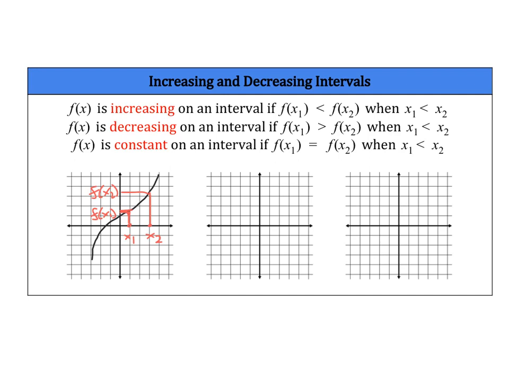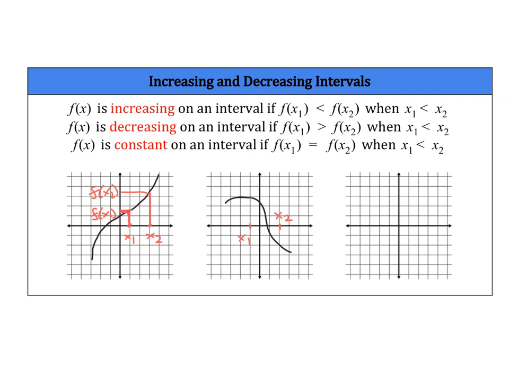Let's look at the next one. It says f of x is decreasing on a given interval if f of x sub 1 is greater than f of x sub 2. So again, let's look at a case like this. Maybe we'll call this value now x sub 1, and we'll call this one x sub 2. So again, x sub 1 is still smaller.